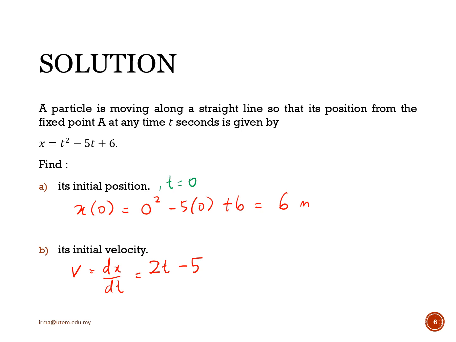For the initial velocity, we need to find the value of v when t equal to 0. So we substitute t equal to 0, and we have negative 5 meter per second. So I found the initial position and initial velocity.